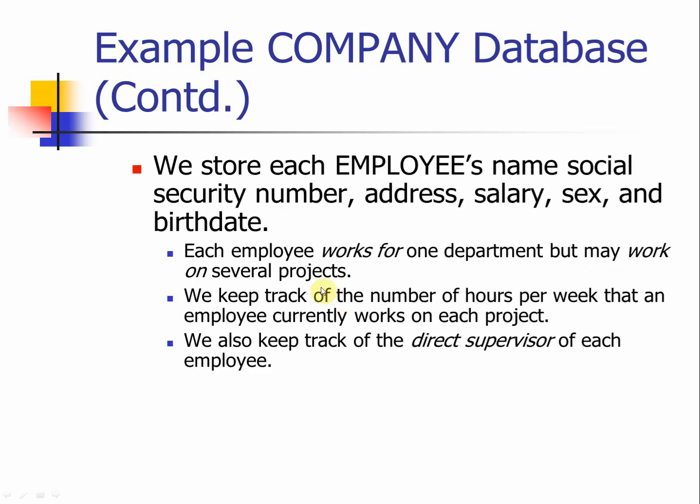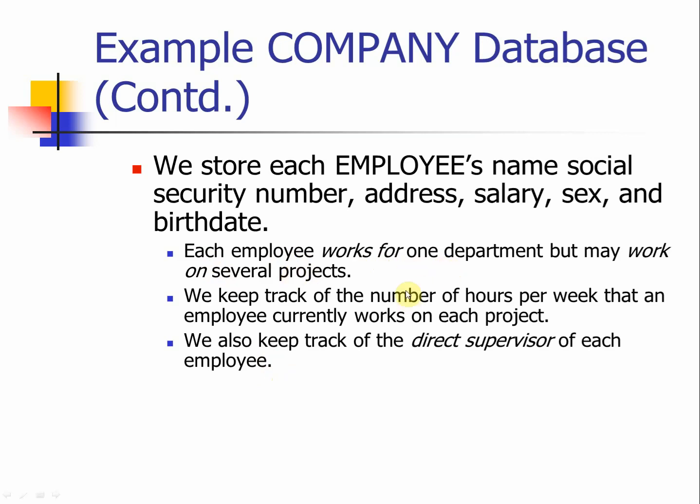Employee is probably the most complicated one, because not only do you need to store the basic information such as social security number, address, salary, sex, and birthday, there is also more detailed information that needs to be kept track of. Each employee works for one department, but may work on several projects.